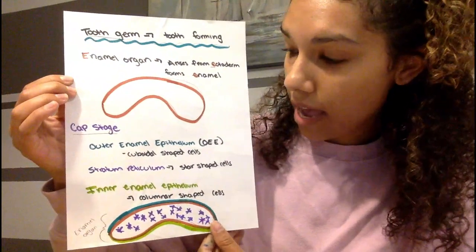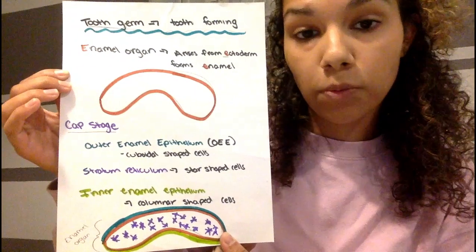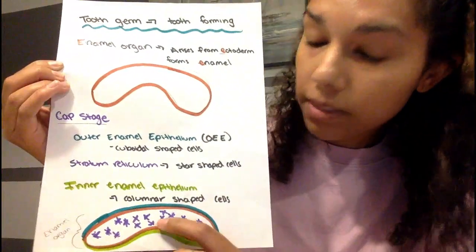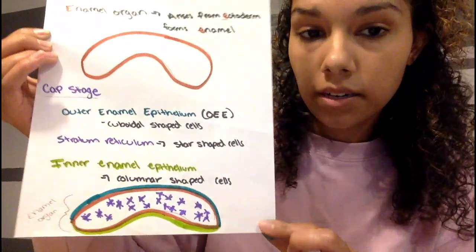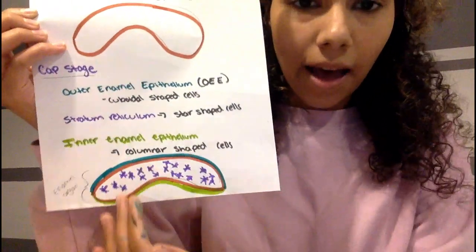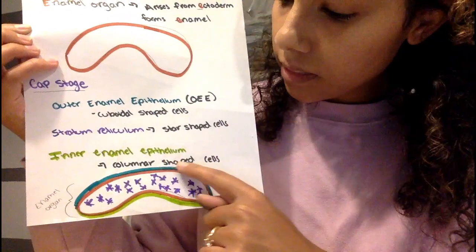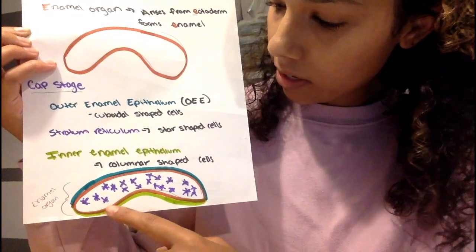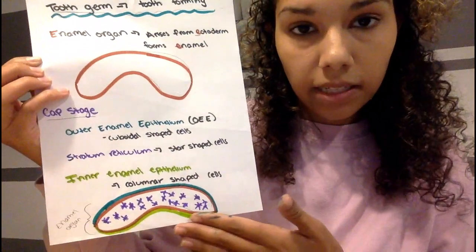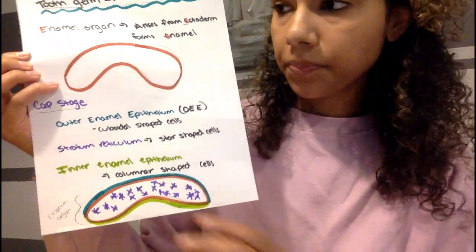The cap stage has the outer enamel epithelium, the OEE, which is cuboidal shaped cells, the stratum reticulum, which is those star-shaped cells, and then the inner enamel epithelium. In my little picture here, I drew the cap, with the outer enamel epithelium in teal and the inner enamel epithelium in green. This whole unit is the enamel organ, and those little stars are our stratum reticulum.